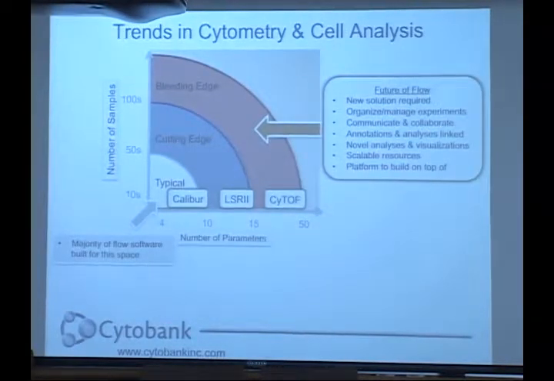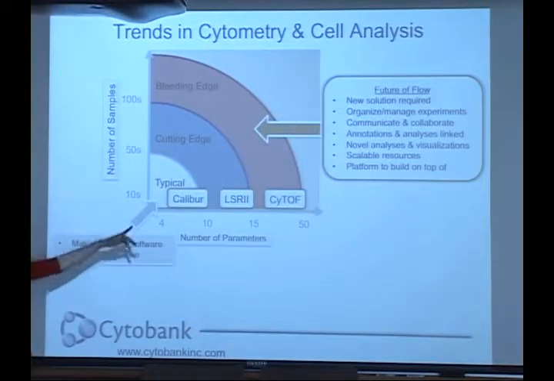Cytobank was actually founded on caliber data, so 4-color data, but it was at the point where there were just too many samples, and it was really hard to think about and work with that information. So you can put your fluorescence data on Cytobank, and you can put your mass cytometry data on Cytobank. We're addressing a lot of the needs down here in the low parameter and low number of sample space.